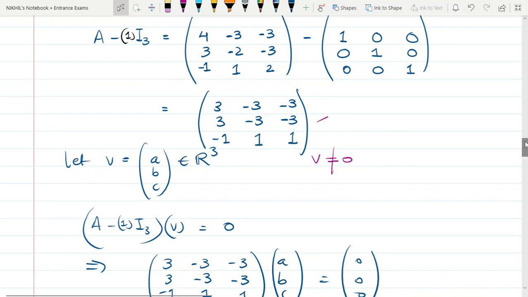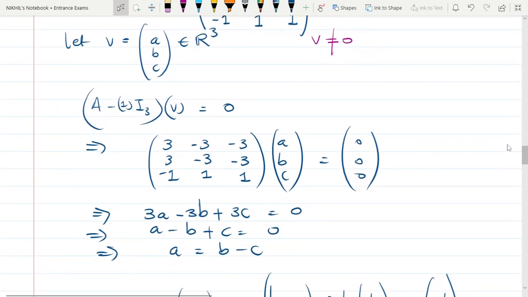Now, in order to find my null space, I use the definition again. I am looking for all those v such that this matrix times the vector gives me 0, the zero vector in R3. So this expression is going to look like this.